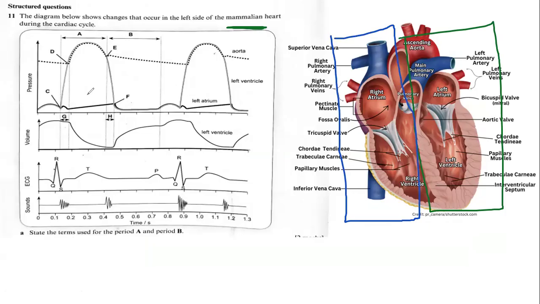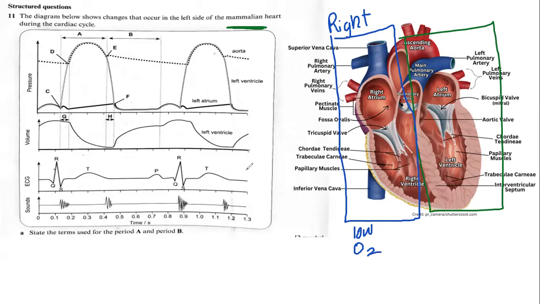Can someone tell me what type of blood we expect to be on the right hand side? How would you describe the blood on the right? Deoxygenated. Very good. So blood on the right hand side is deoxygenated. So we could say low in oxygen, can we? Low in oxygen.